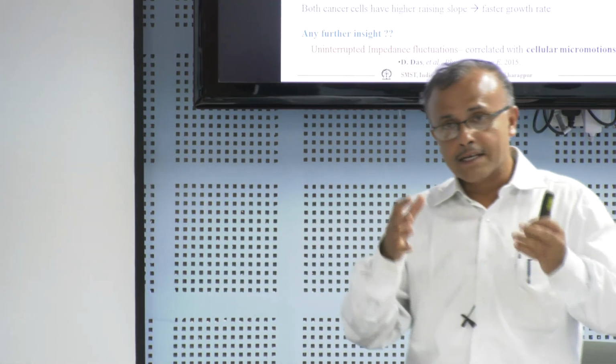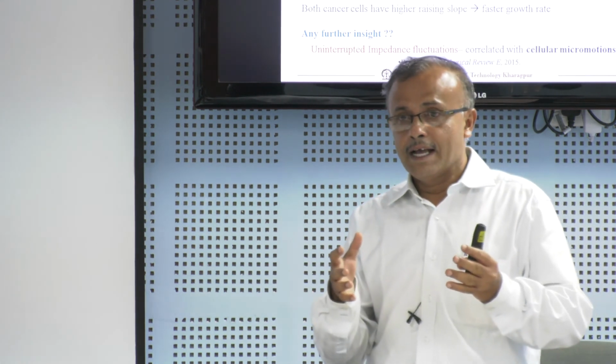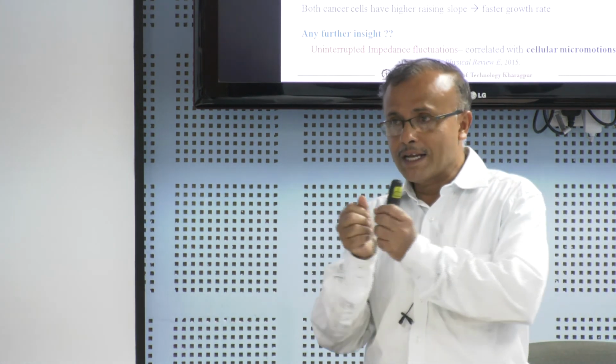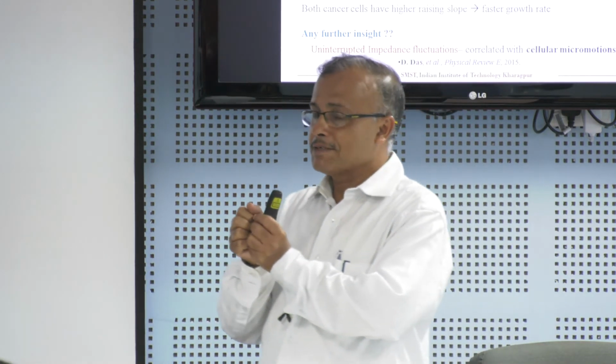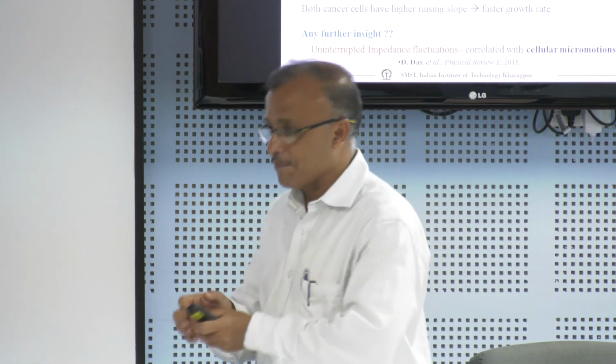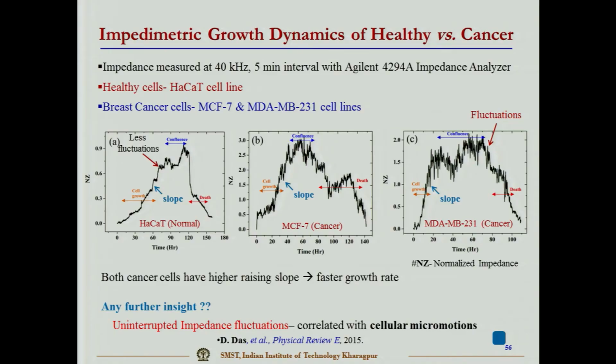So that reflects that the cancer cell is taking much more energy from the media and is itself fluctuating a lot. Overall energy is increased. So this bioimpedance data can be analyzed further to get more insight into the phenomena.